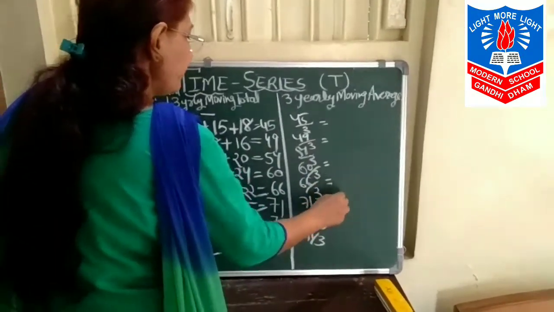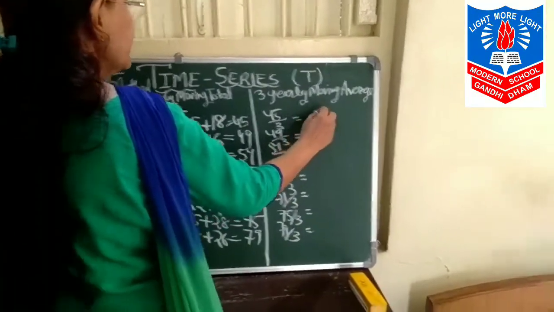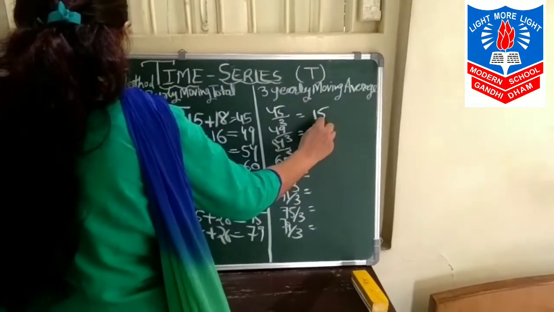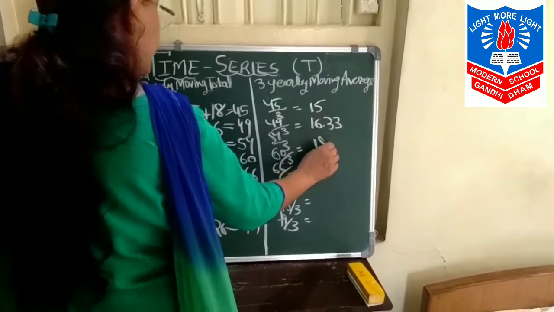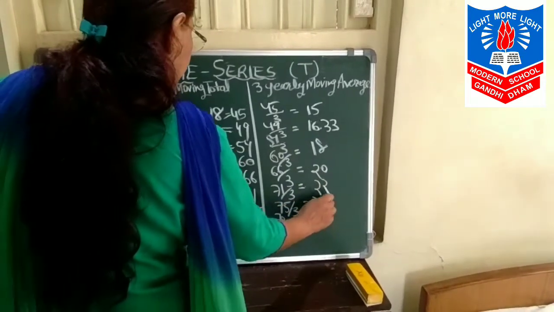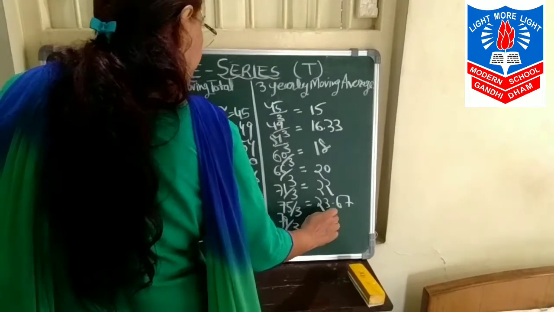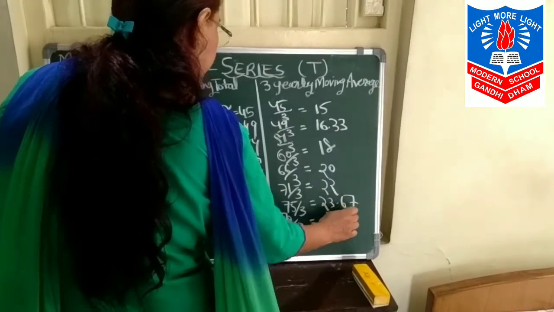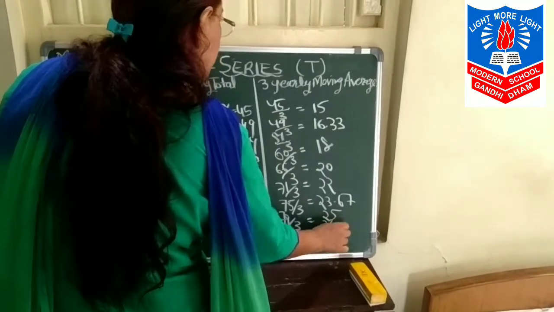Now the averages which we will get in this are 15, 16.33, 18, 20, 22, 23.67, 25, and finally 26 point.